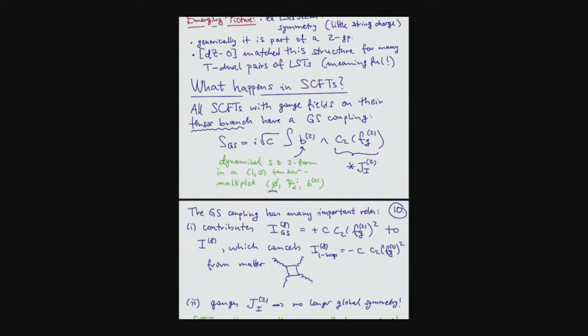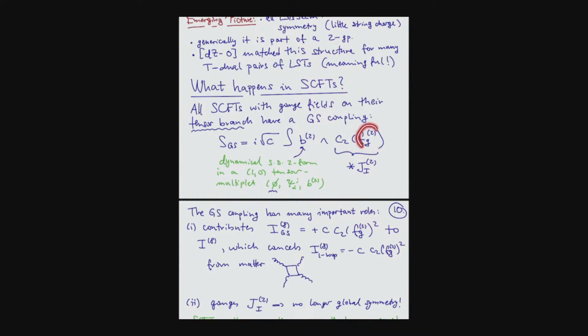So let me remind you that the reason the tensor branch is called the tensor branch is because it's parametrized by the vevs of real scalar fields phi living in a (1,0) tensor multiplet together with some fermions and a chiral dynamical B field. So little b here is a dynamical B field, not the background field big B that we discussed earlier. And all superconformal field theories necessarily have a coupling of this form whenever there's a dynamical gauge field around.